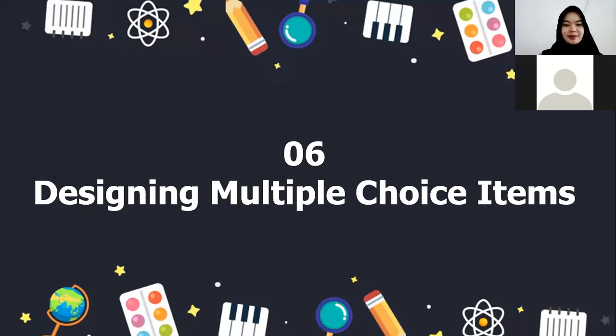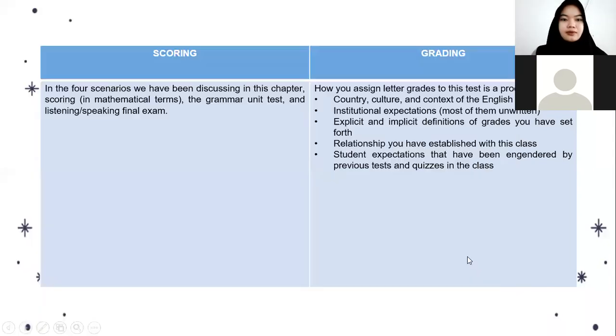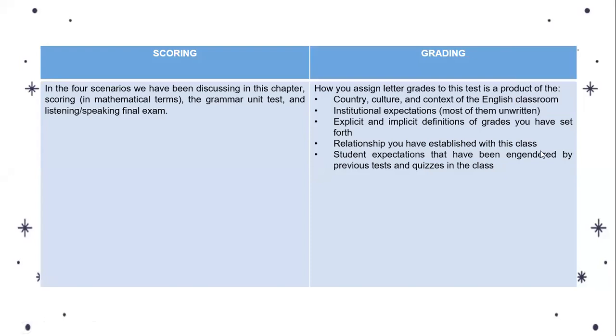Okay, next I will explain about the segment multiple choice items. Scoring. In the first scenarios we have been discussing in this chapter, scoring in mathematical terms, the grammar unit test, and listening and speaking final exam. For grading, how you set letter grades to this test is a product of the country, culture, and context of the English classroom.